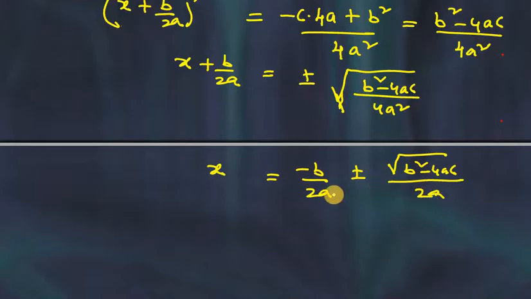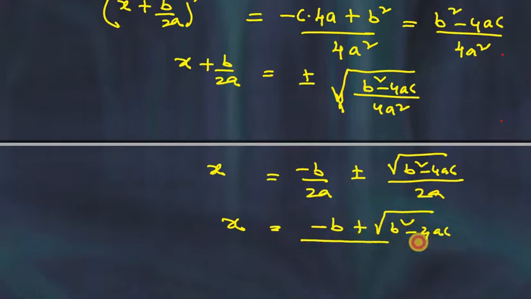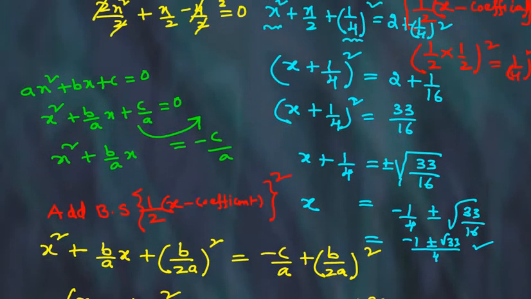That is 2a. So therefore ultimately we are getting minus b plus or minus square root of b square minus 4ac whole by 2a. So this is the formula for the roots of the quadratic equation. So whatever I explained here, we did the same thing here. For this problem, we did the same thing here.